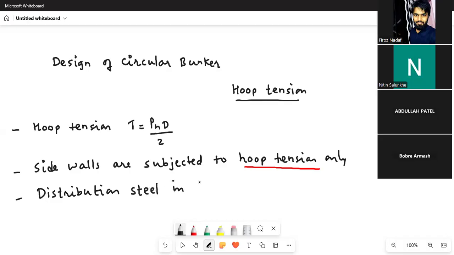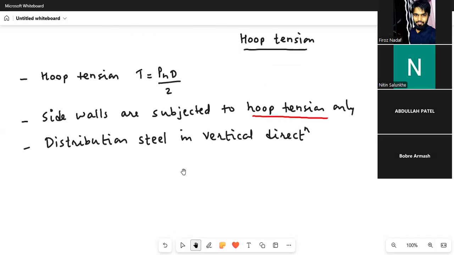Distribution steel in the vertical direction.